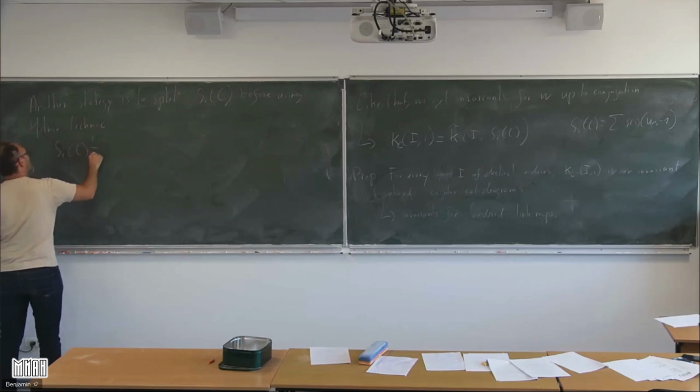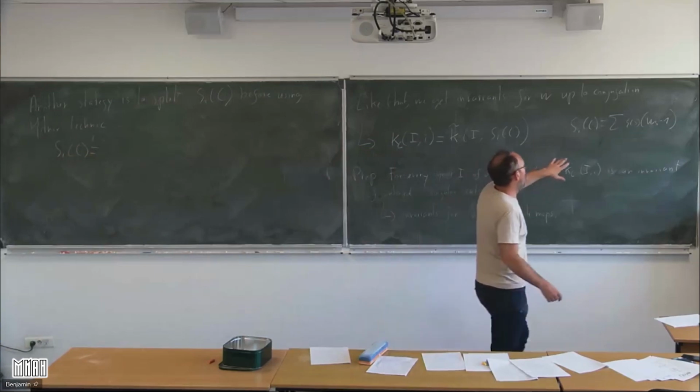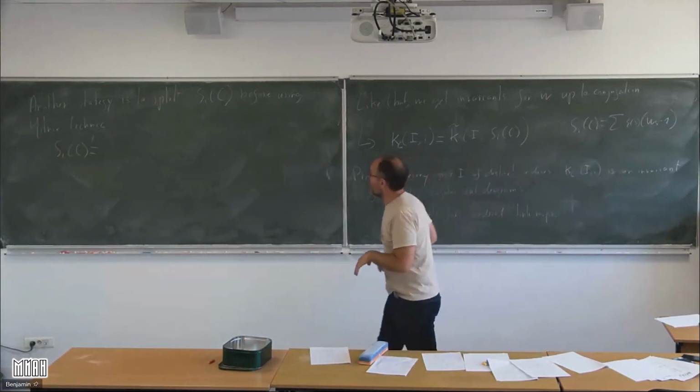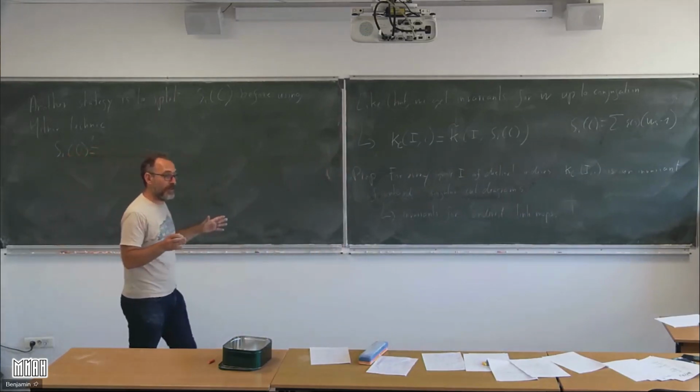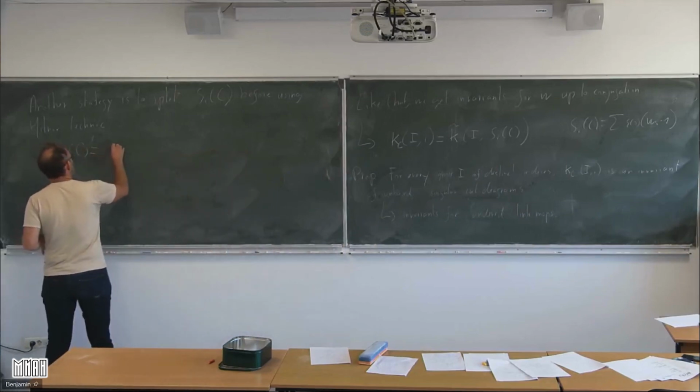By this, I mean that SI of C is a linear combination of elements of my group, and I can just gather them as a linear combination.